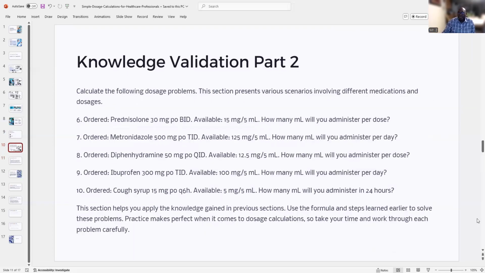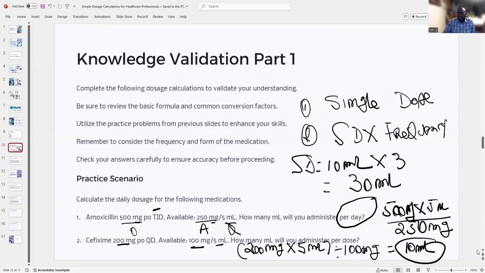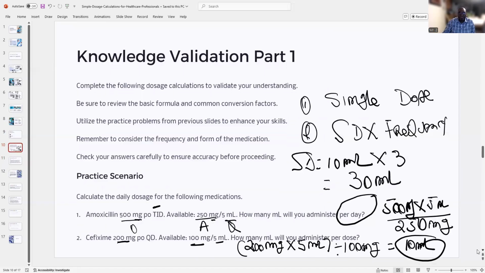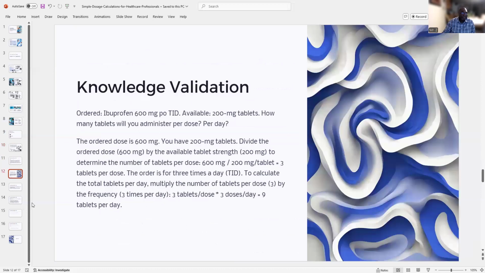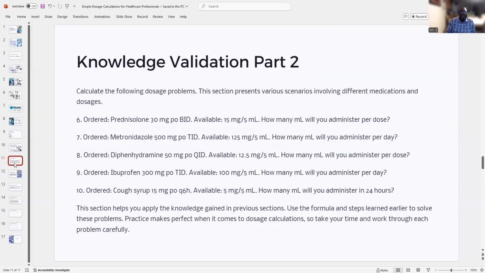Who has a question? All right, let's go back there. Let's look at number 6. Now, think about this. In number 6, you have a BID here. But over there, you're looking per dose.